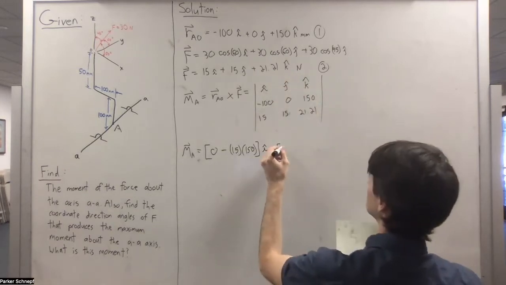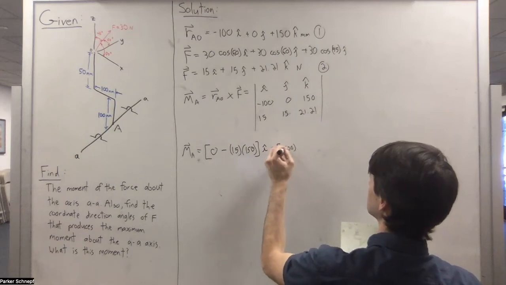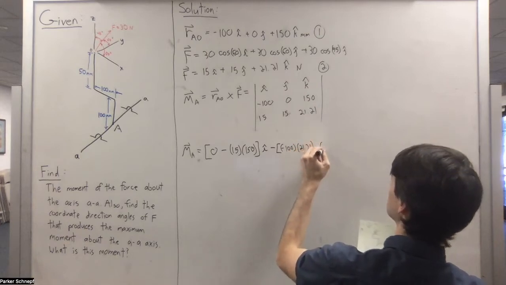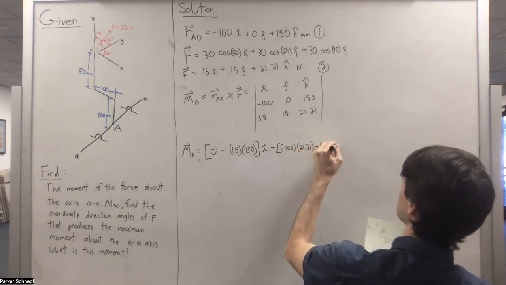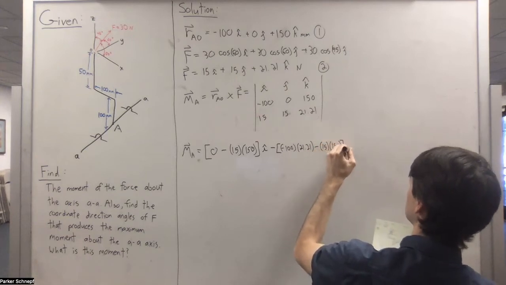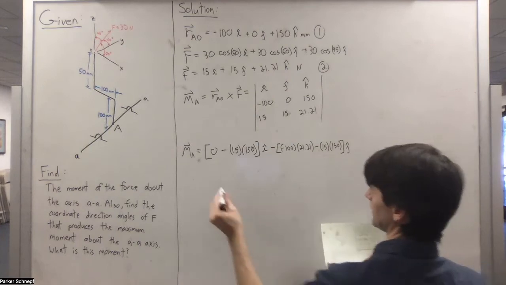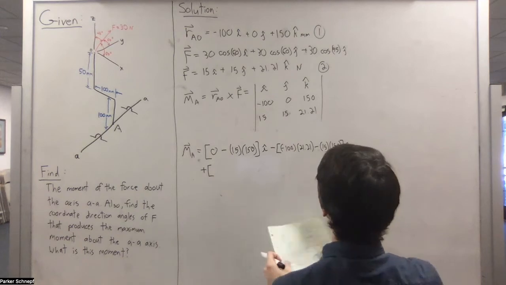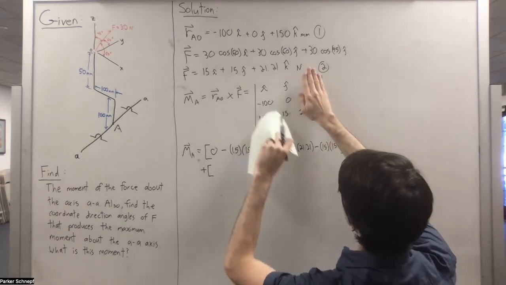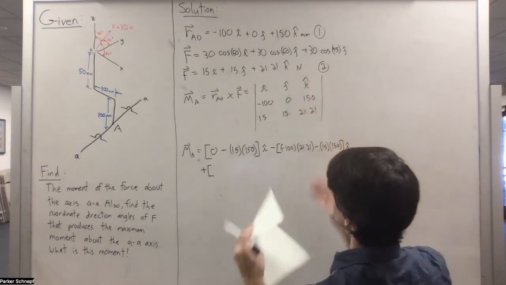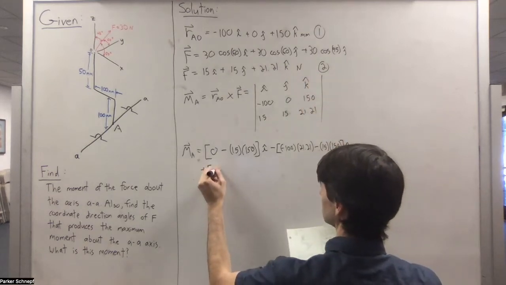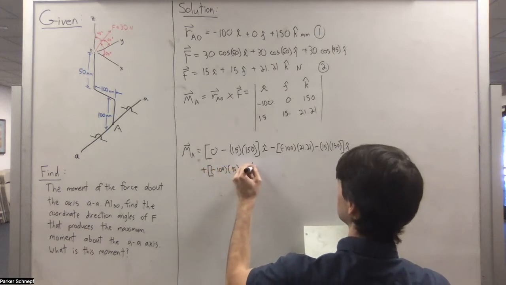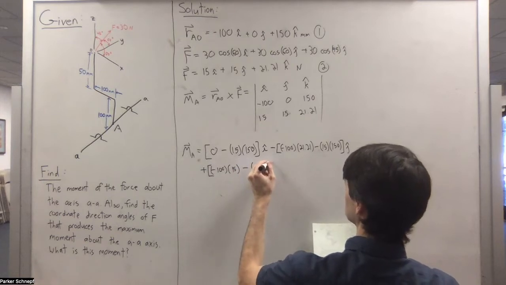So we get negative 21 times 100 minus 15 times 50. That's the y component. And then for the z component, plus, again, we cover that up. 100 times 15 minus 15 times 0.